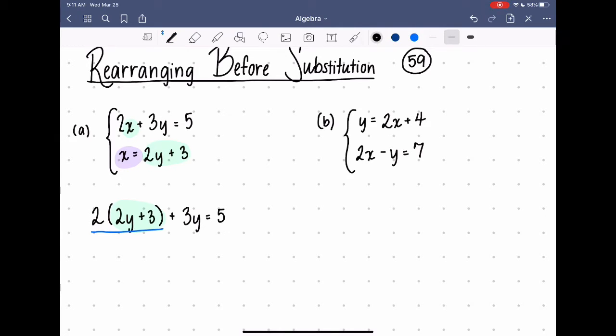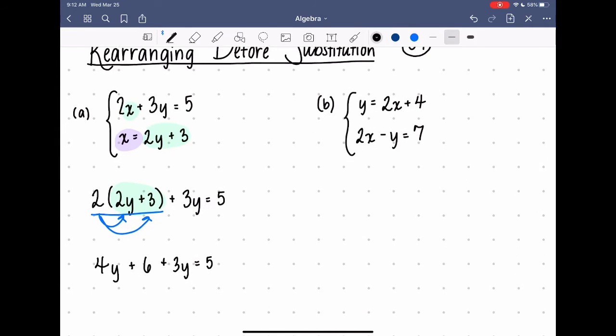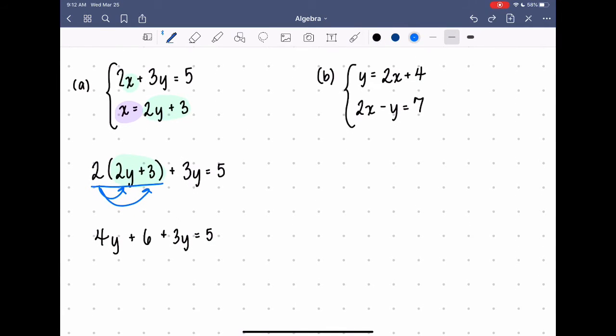So that would be 2 times 2y and then 2 times 3, which makes it 4y plus 6 plus 3y equals 5. Now I'm going to keep going. I'll take these terms on the left side of my equals sign and I can put them together. So that will be 7y plus 6 equals 5.